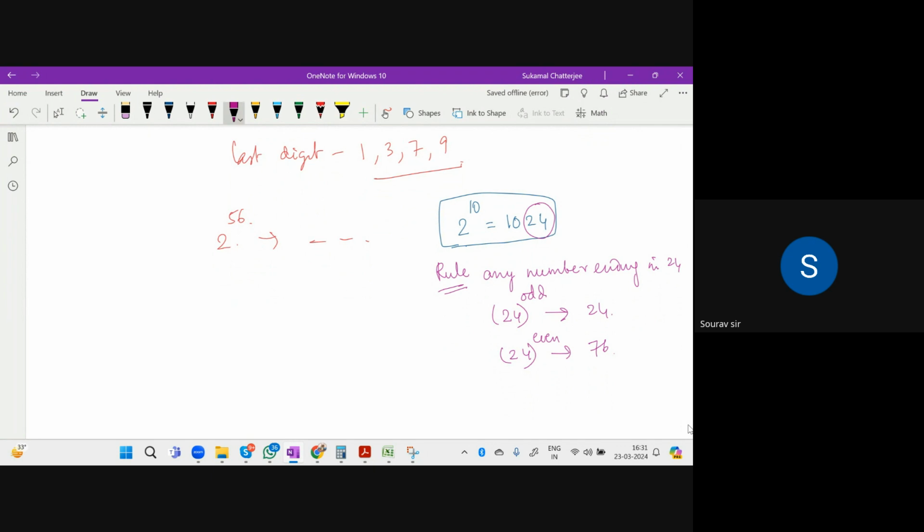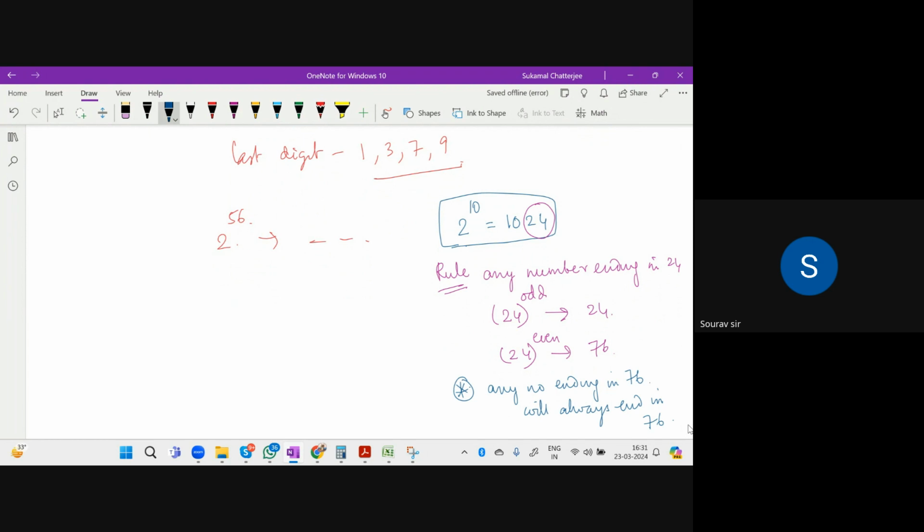Okay. এখানে একটা অ্যাস্টেরিক্স দিয়ে আরেকটা জিনিস লিখে রাখতে পারো যে any number ending in 76 will always end in 76. So 76 to the power anything will end in 76.